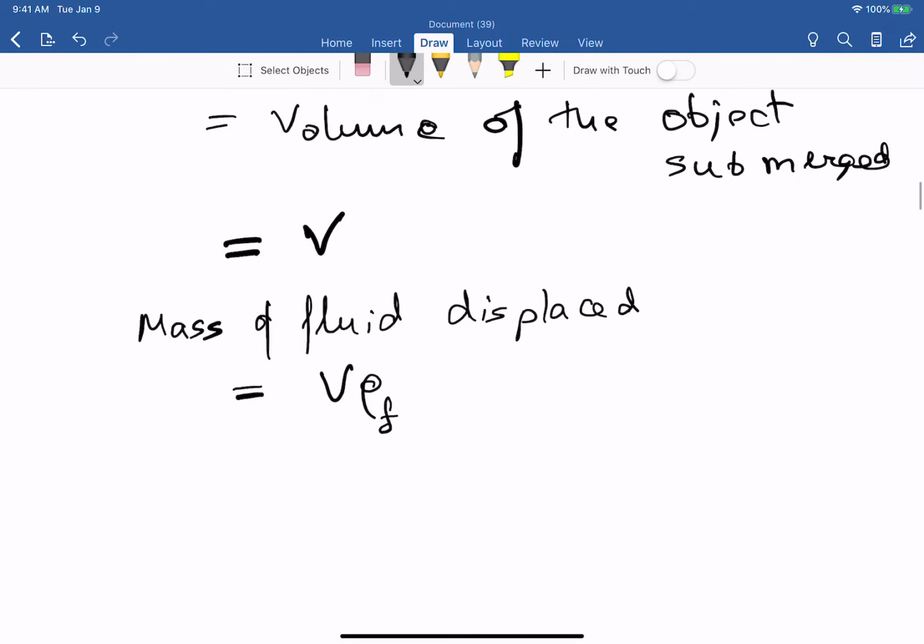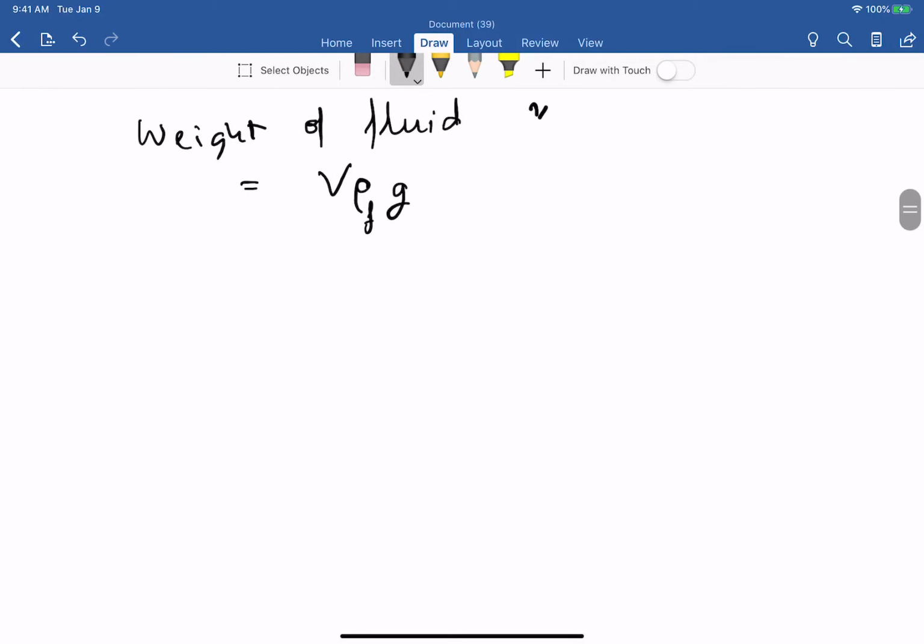And so the weight of the fluid displaced would be equal to mass times g, so V rho F multiplied by g. And according to Archimedes, that is the buoyant force. So we have found a formula for the buoyant force.